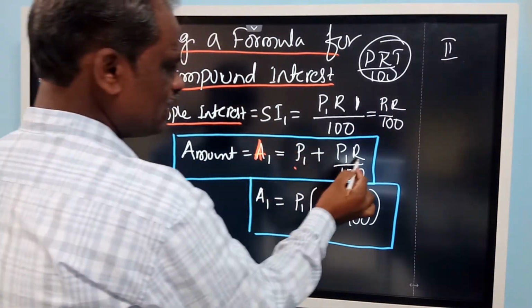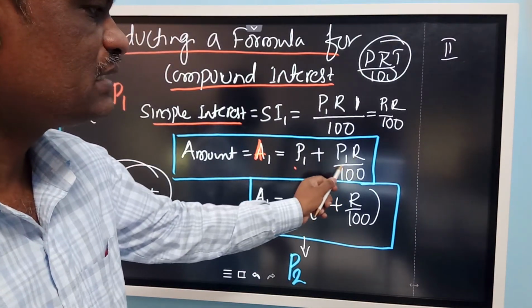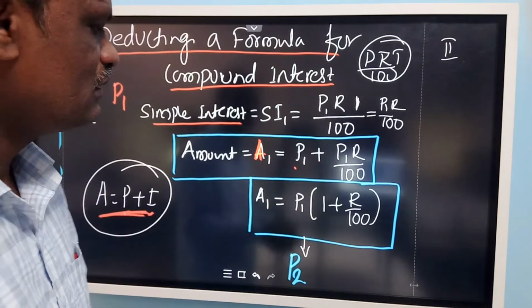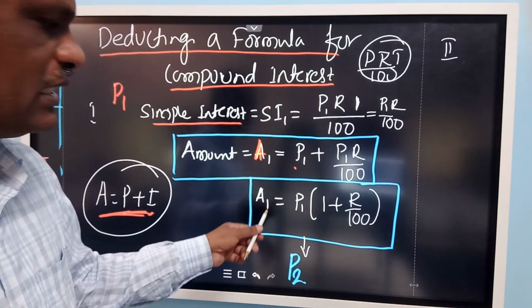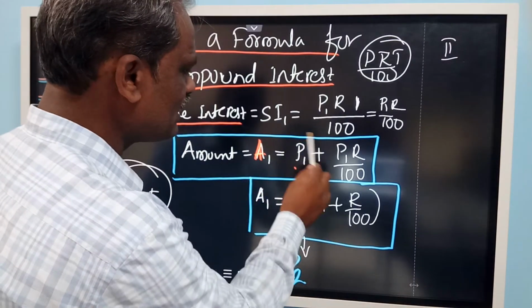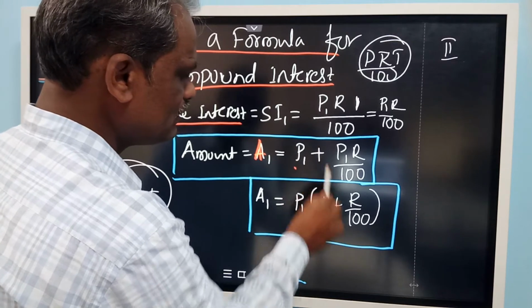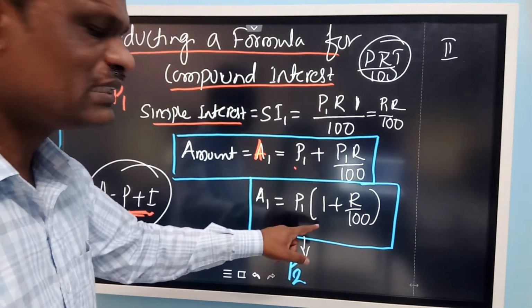Now P1 is in both the terms, take P1 common. So amount at the end of the first year will become P1 into 1 plus R by 100. Is it clear to all of you?